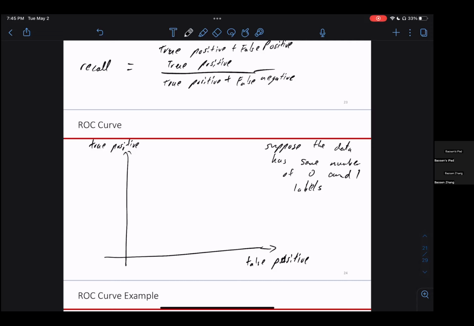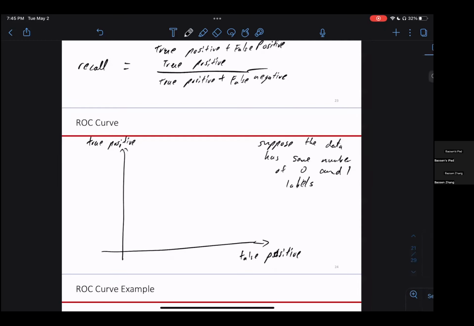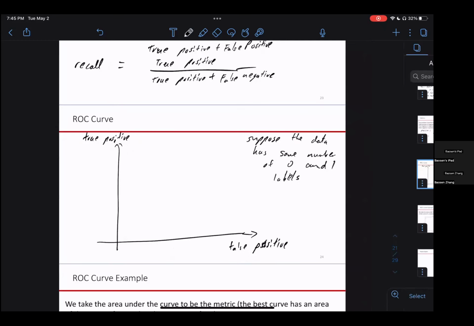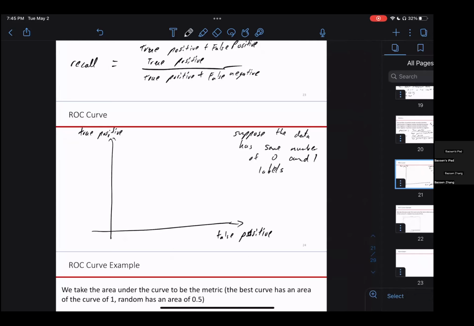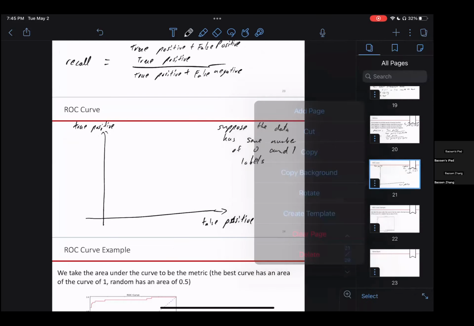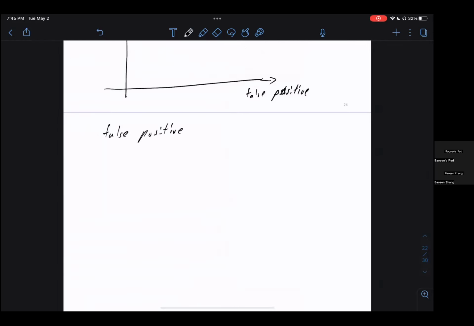Okay, so I'll explain one more time. Let's just look at false positive.